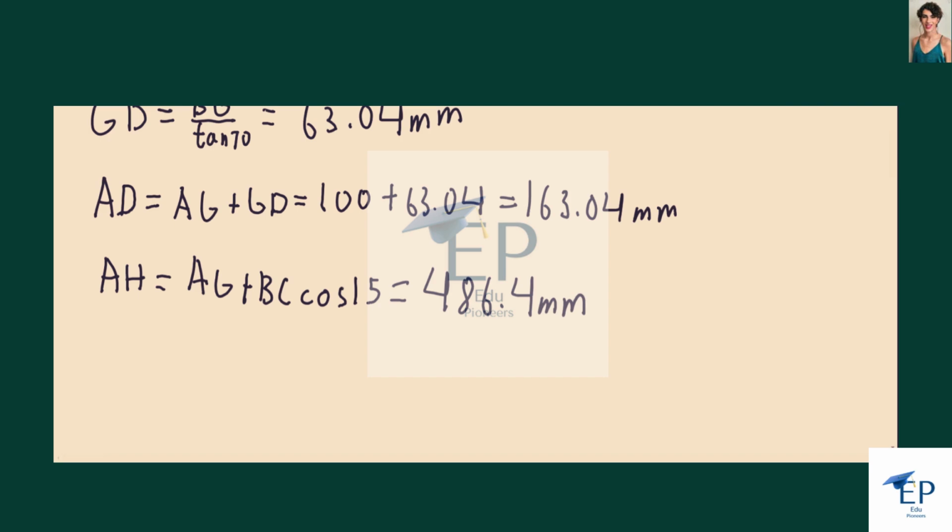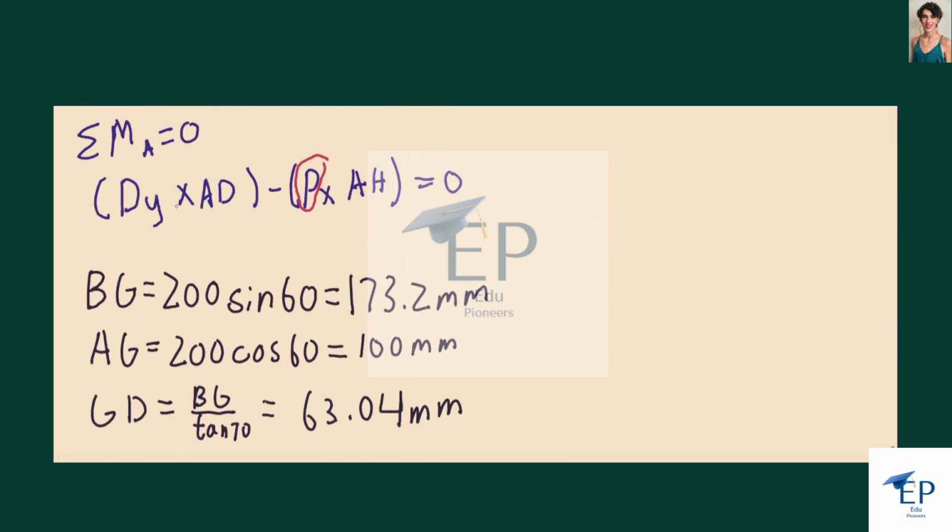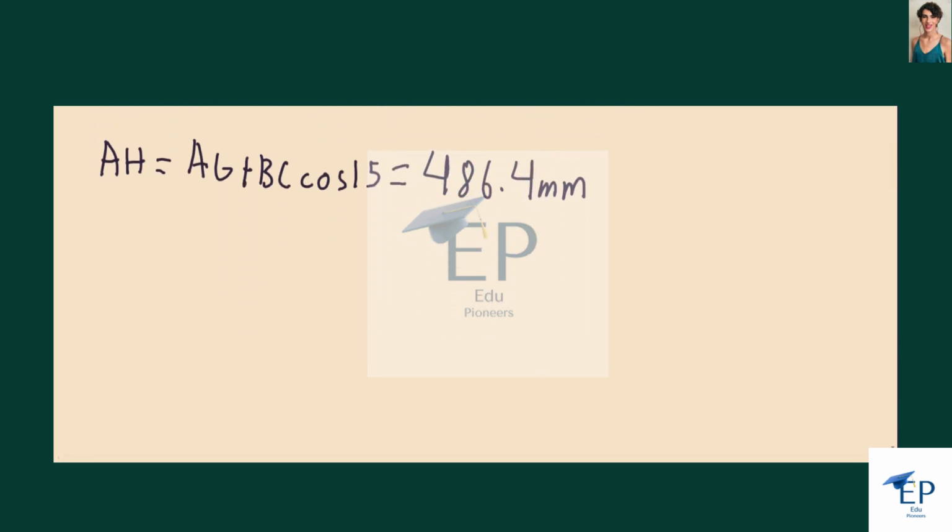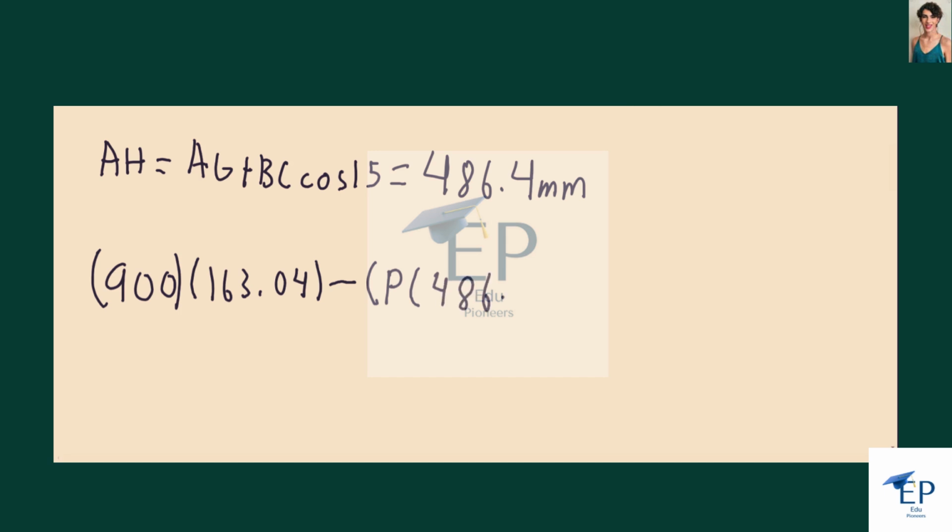And we can now solve using this equation for the moment about A. So we can say that 900 times the length of 163.04 minus force P times 486.4 is equal to 0.